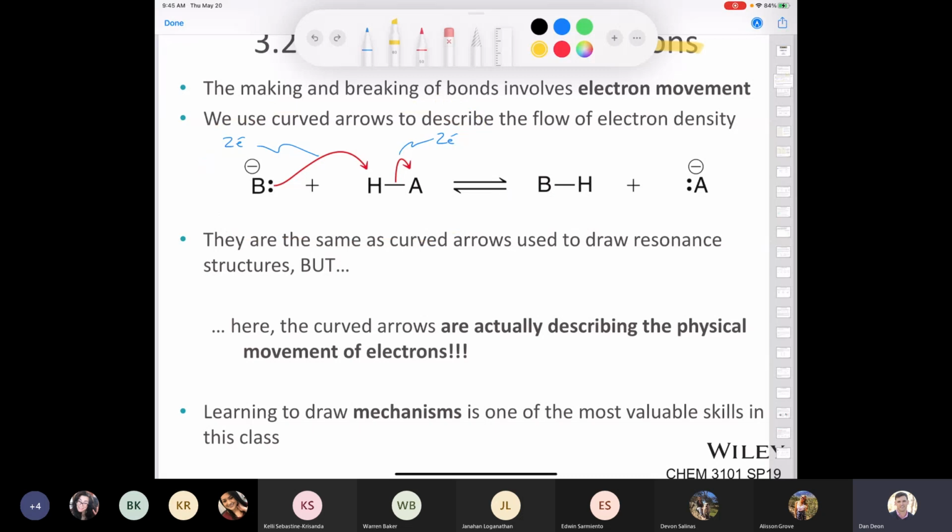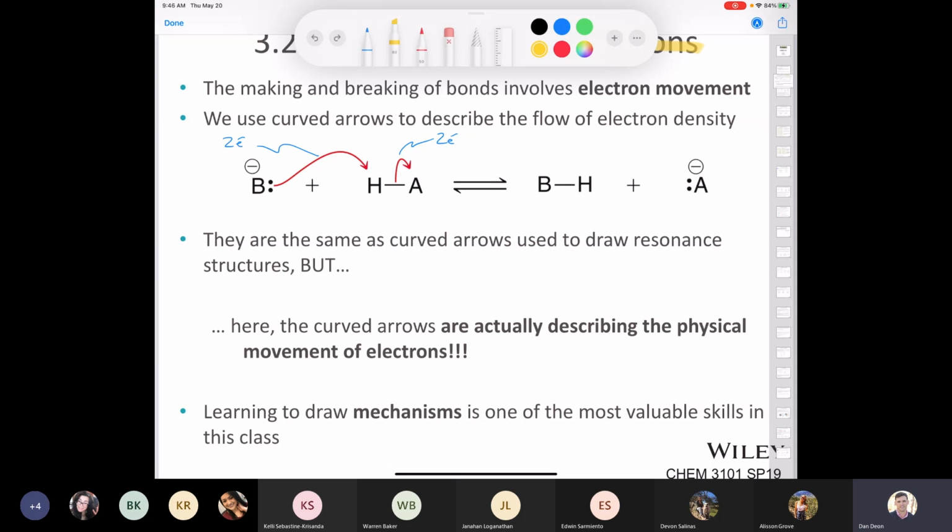Remember, when we looked at resonance structures, you've got to be able to separate this in your mind. We weren't talking about the electrons buzzing around and vibrating around the molecule. Resonance structures are used to show how the electrons are delocalized over an entire molecule. They give you a 30,000-foot view of a molecule, whereas now we're using the arrows to show a reaction occurring.